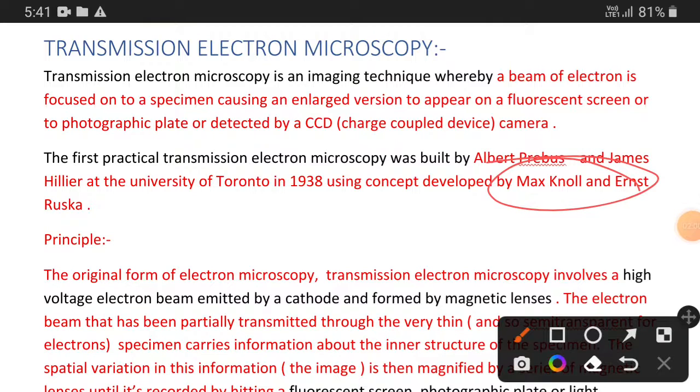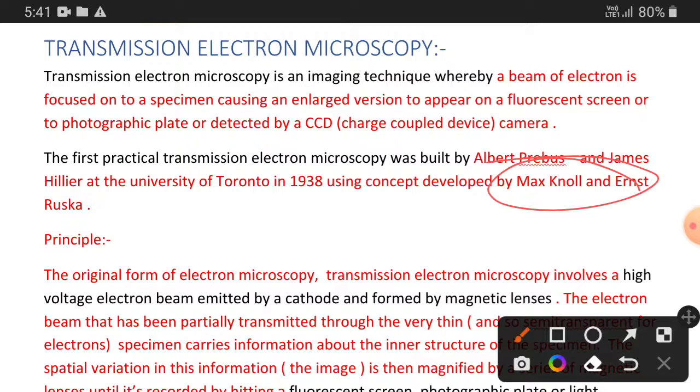That is the concept that was developed by Max Knoll and Ernest Ruska, because they thought, light is nothing but electromagnetic radiation, right? So instead of light, if we use electrons, electrons can also create the image on the image plane.